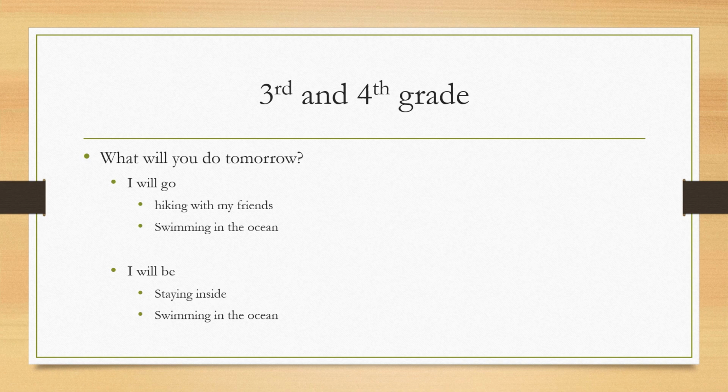I will be and I will go are interchangeable in many cases, but for staying inside, we can't say go stay, right? So going and staying don't work, but I will be staying inside does work. But in both cases, we can say I will go swimming in the ocean or I will be swimming in the ocean. Okay?